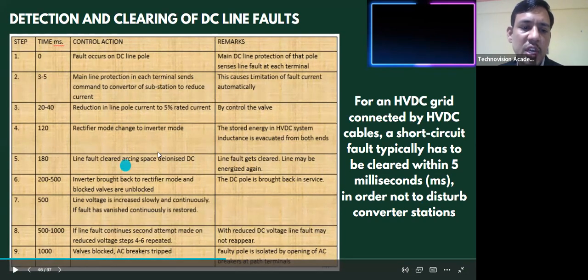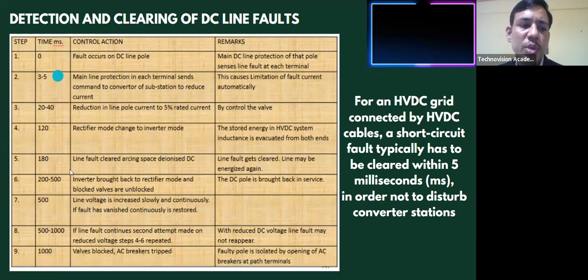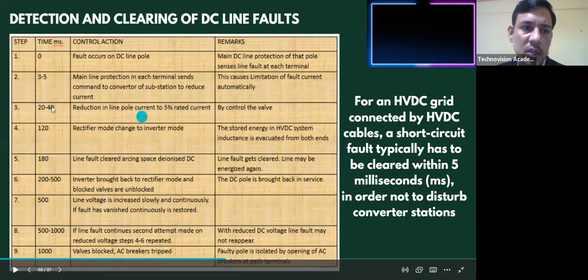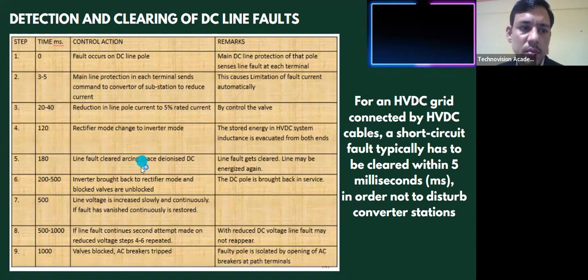This is the sequence of how, within how much time, these fault currents are cleared. If you see here, the action starts for the conventional HVDC within 3 to 5 milliseconds itself. And further there is a sequence of operation. Within this 180 milliseconds, we can say that the line fault gets completely cleared.